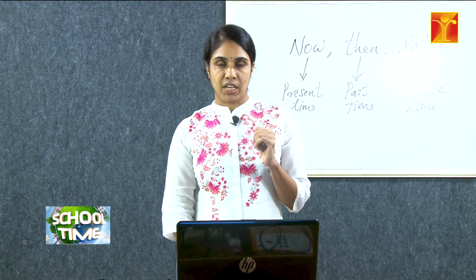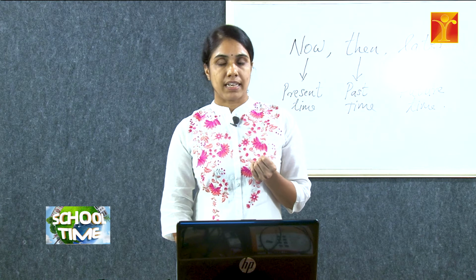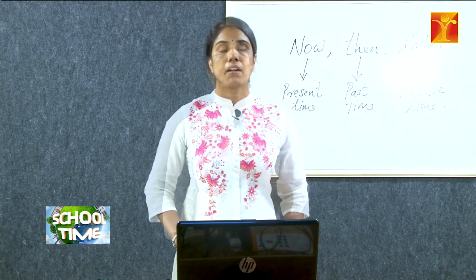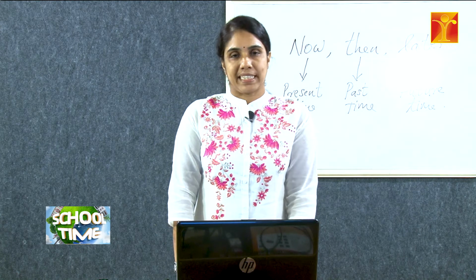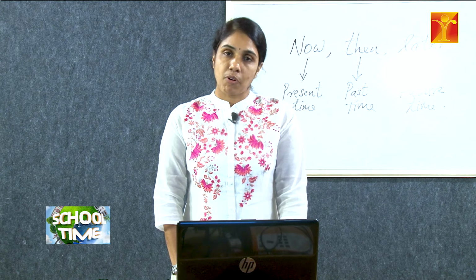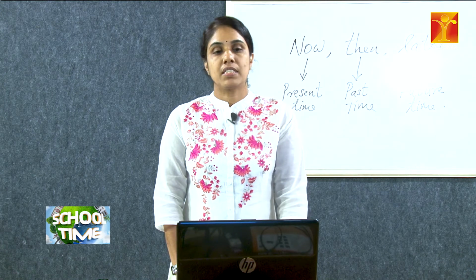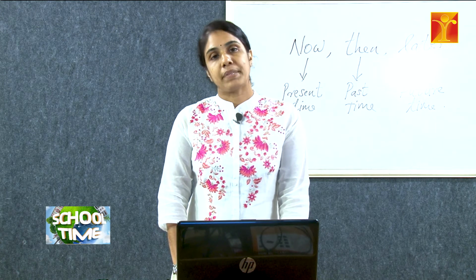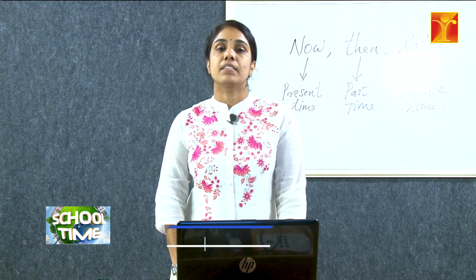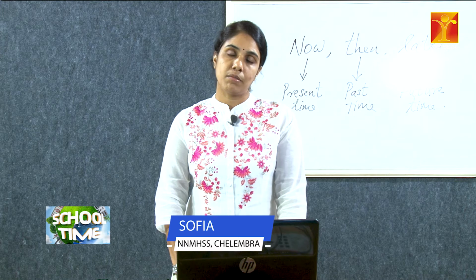Now we have to study the 12 tense forms in detail. Okay. We shall start with the present tense. For the present tense also there are 4 subdivisions: the simple present, the present continuous, the present perfect and the present perfect continuous tense.